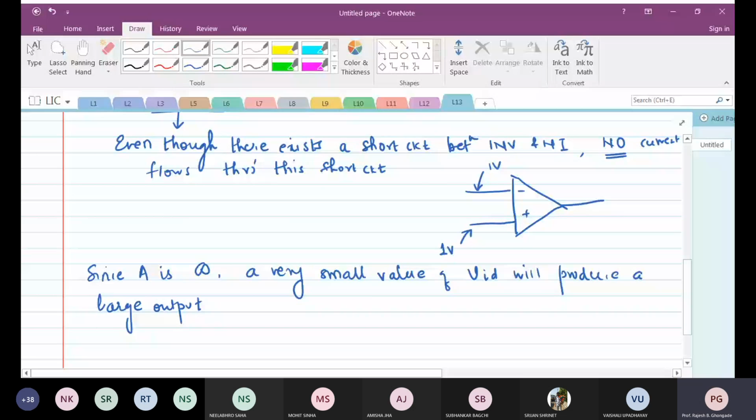This is nothing great, but the output is limited by the power supply voltages as we have seen yesterday.